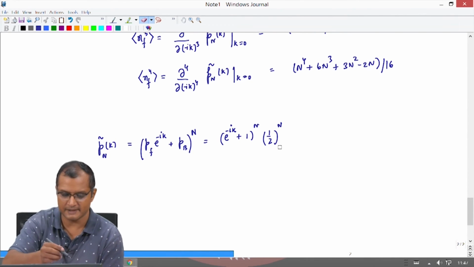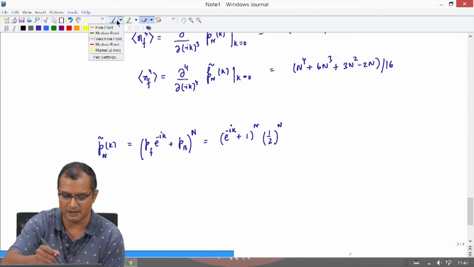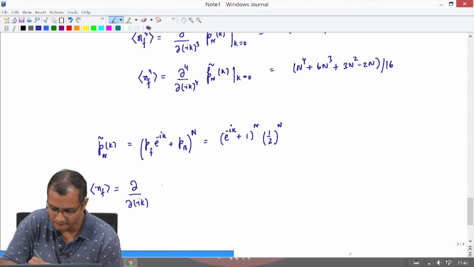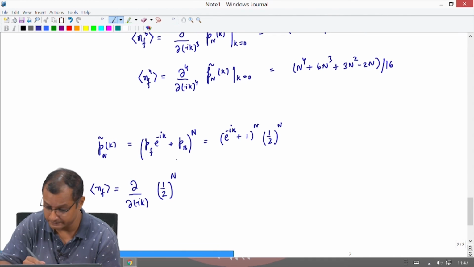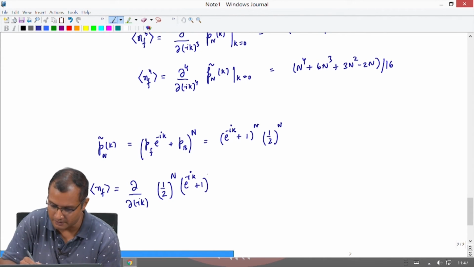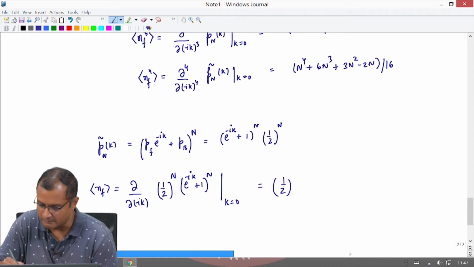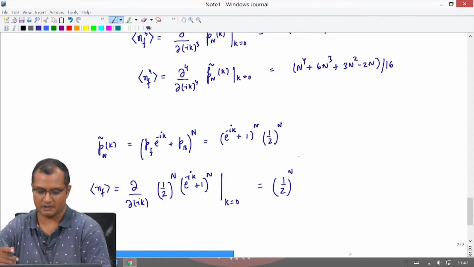So, from there you can easily see the first derivative comes out to be n times p a. So, let us take the first derivative, which is nf. Okay. So, I am just going to take the derivative of 1 by 2 to the power n, e raised to minus i k plus 1 to the power n, and this derivative has to be taken at k equal to 0. So, 1 by 2 to the power n can come out. Okay, so, this is just a constant.